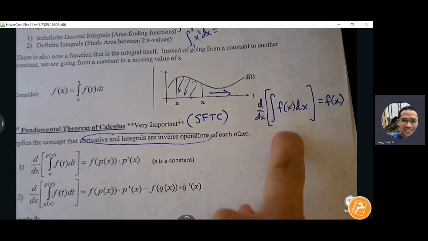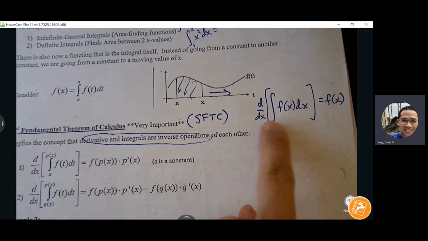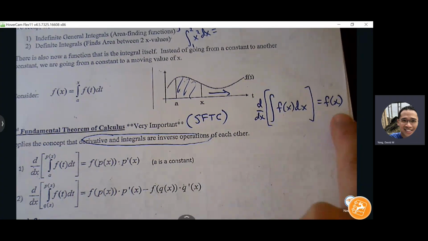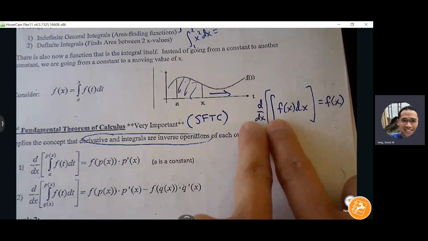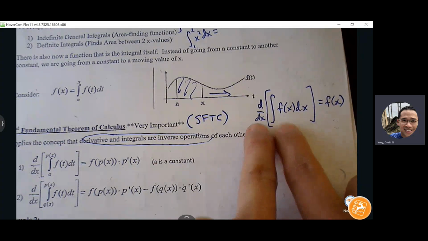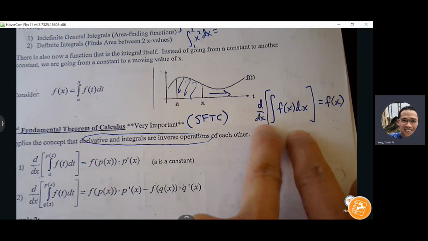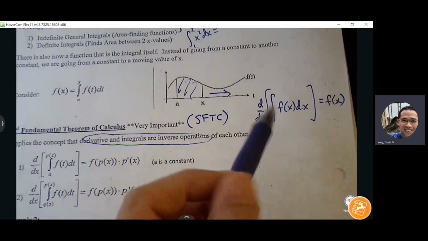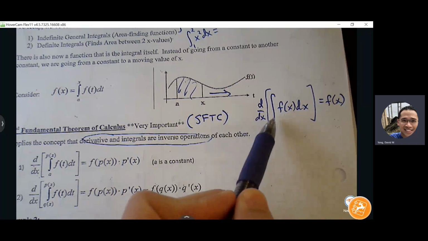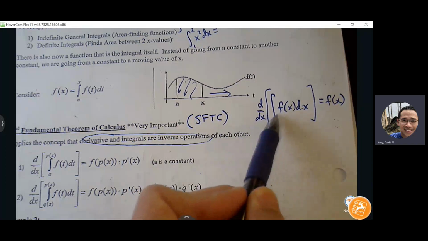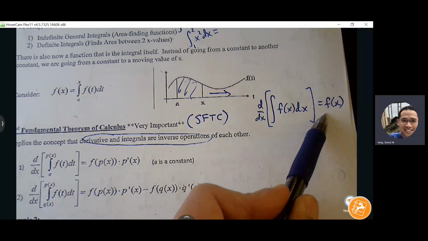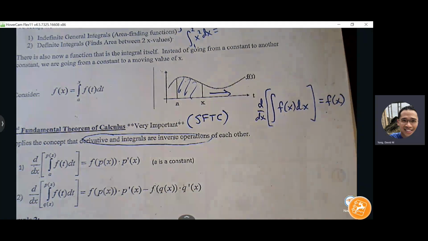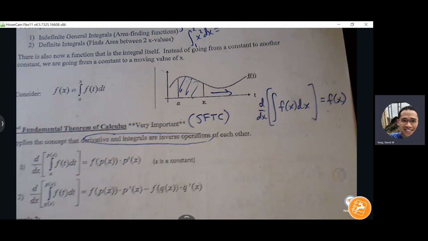If I take the antiderivative of something and then turn around and take the derivative, I'm back to where I started, because I'm basically doing an operation and then undoing it. So if you understand that concept, then it's almost as if nothing happened because I'm back to where I started. That's kind of our starting point.